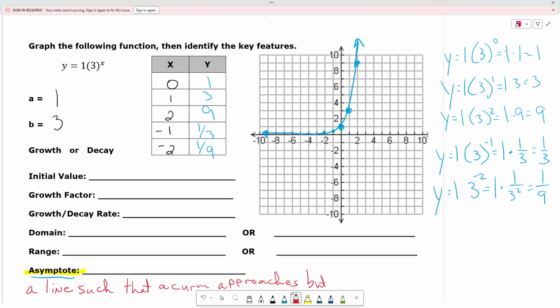So it's going to get closer and closer to the x-axis, but never touches.